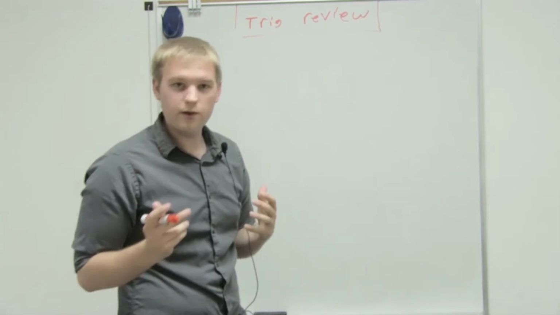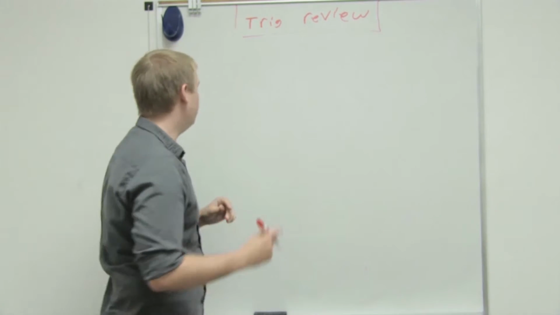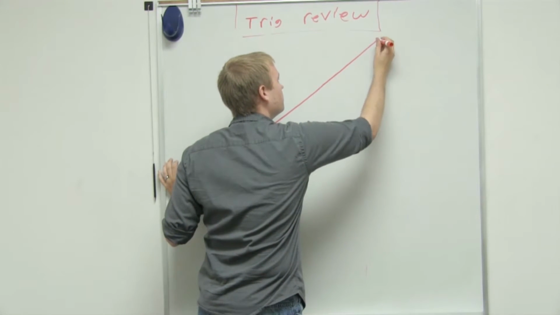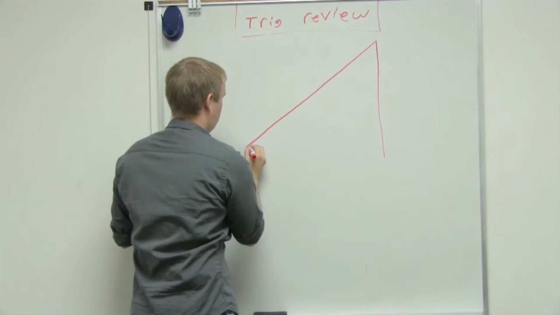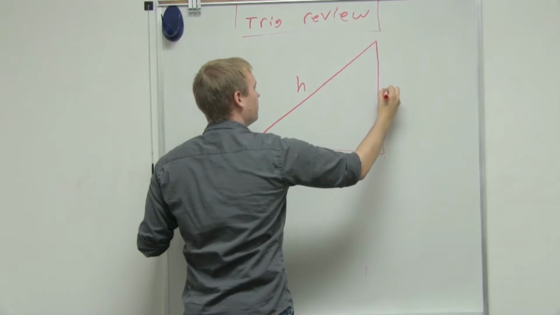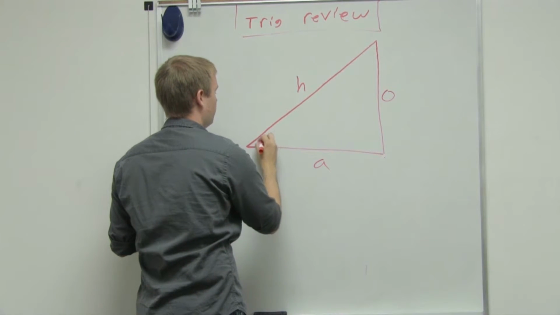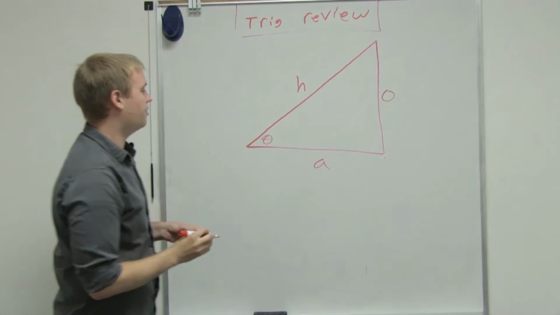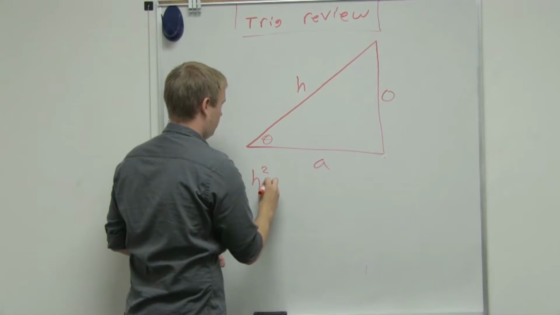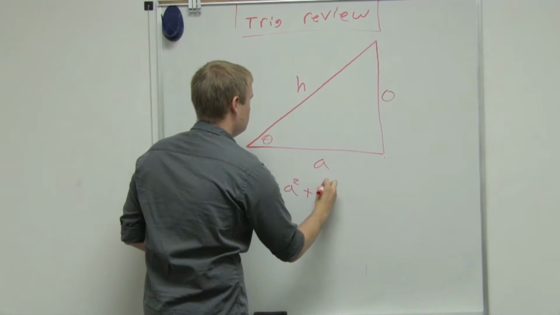One other basic thing that we need for a trig review is the Pythagorean Theorem. If you remember that, let's get a triangle back up here: opposite, adjacent, and I'll just put in theta right here. The Pythagorean Theorem states that h squared equals a squared plus b squared.